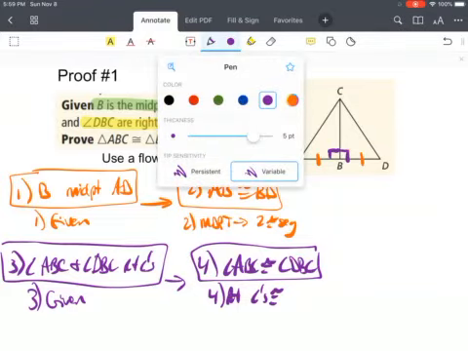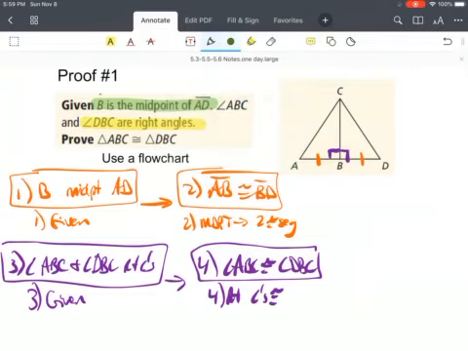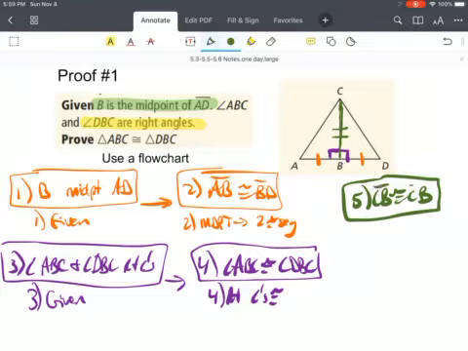The other piece of information that I have is the same side here. CB is a part of both of them. So I need to say that CB is congruent to itself because I need to have that side a part of my proof. But I will say that it's congruent to itself, and that is the reflexive property.